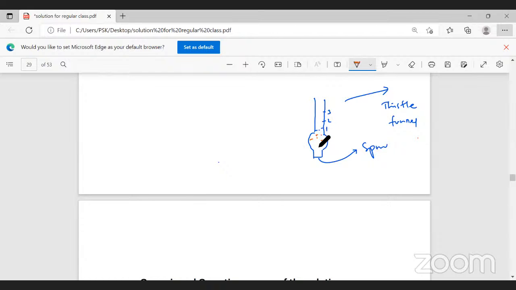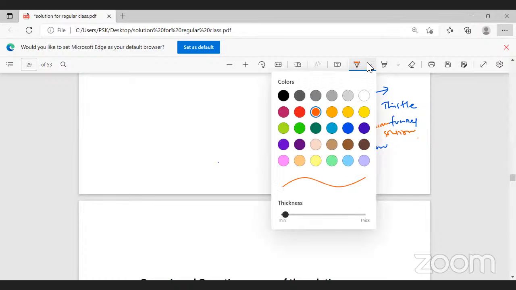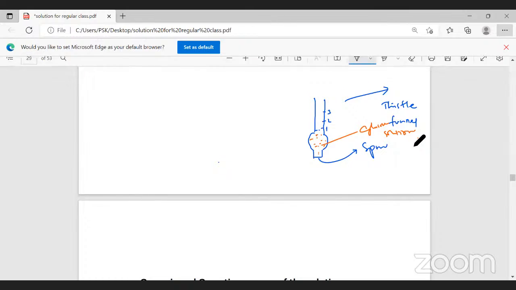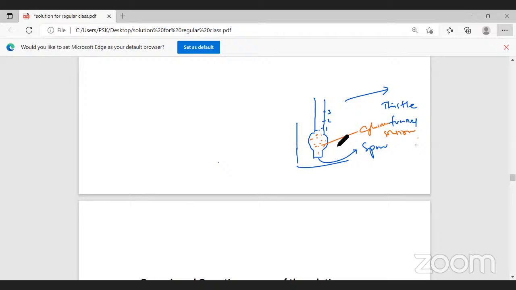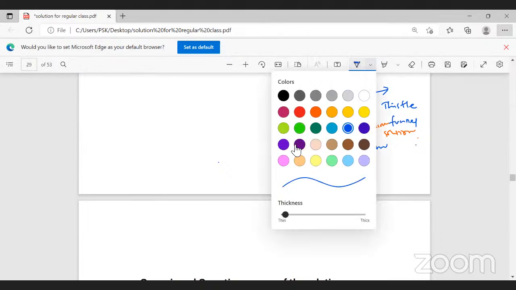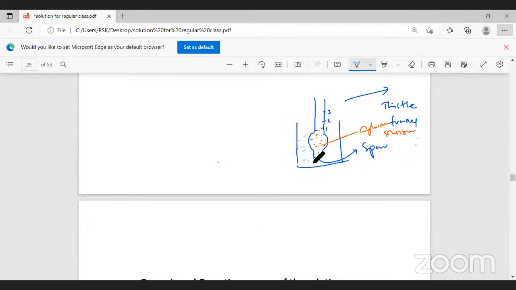Assume that I've filled a glucose solution. Now this Thistle funnel, which has glucose solution till 1, we place in a beaker containing water. Water is here.